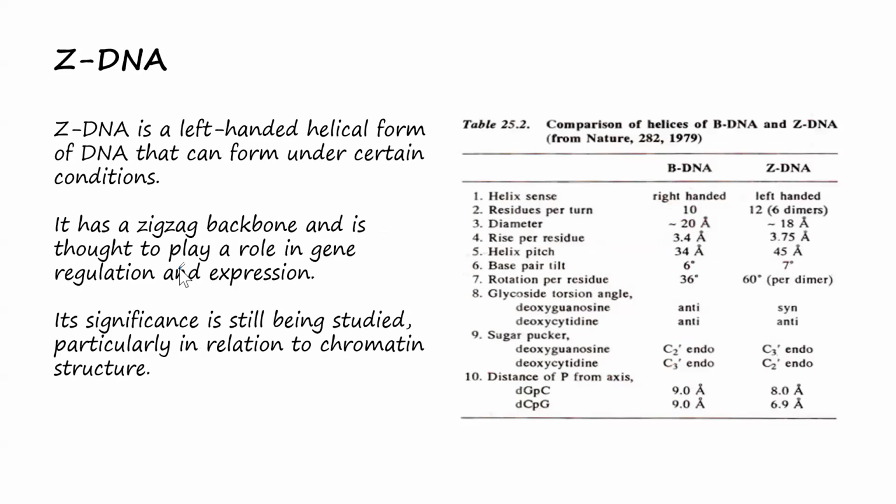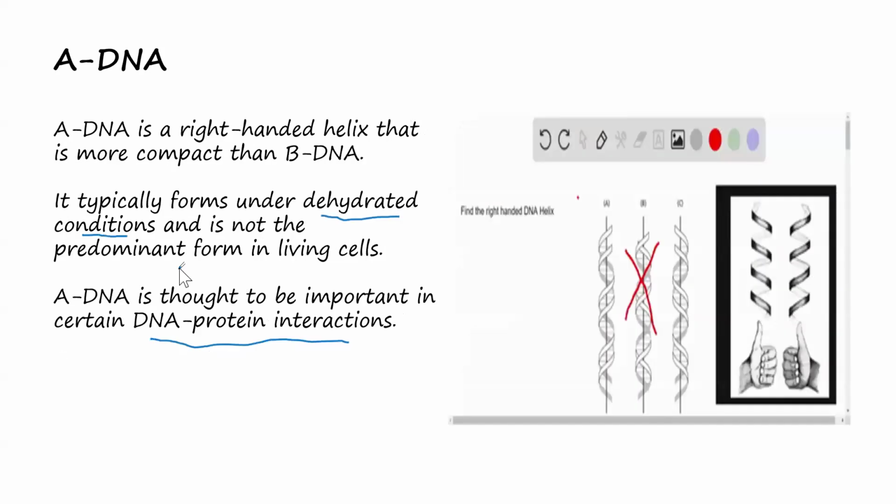The next one is Z-DNA. Z-DNA is a left-handed helical form of DNA that can form under certain conditions, like A-DNA, which forms under dehydration conditions, as you can see here.